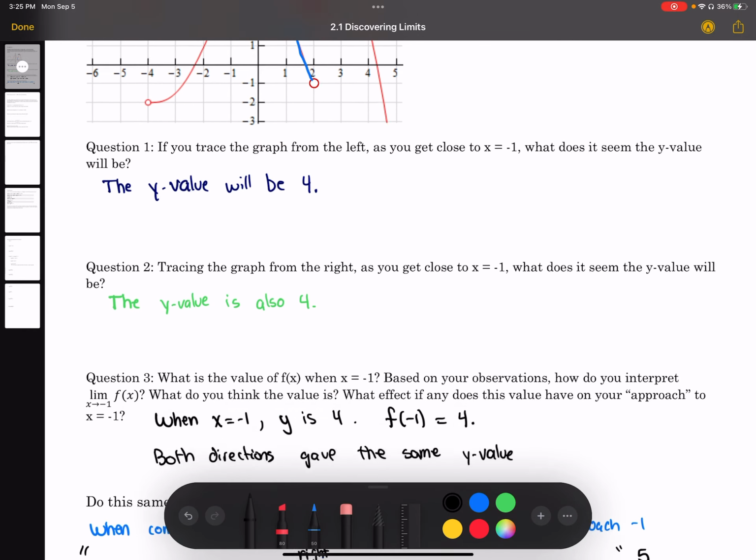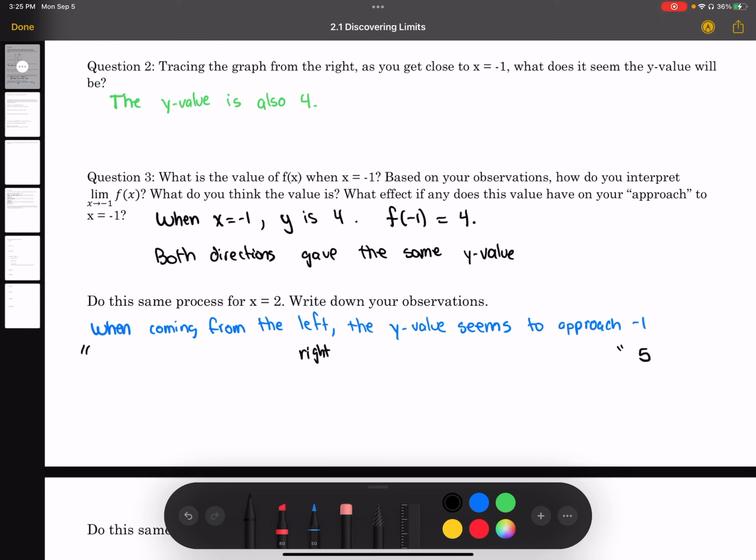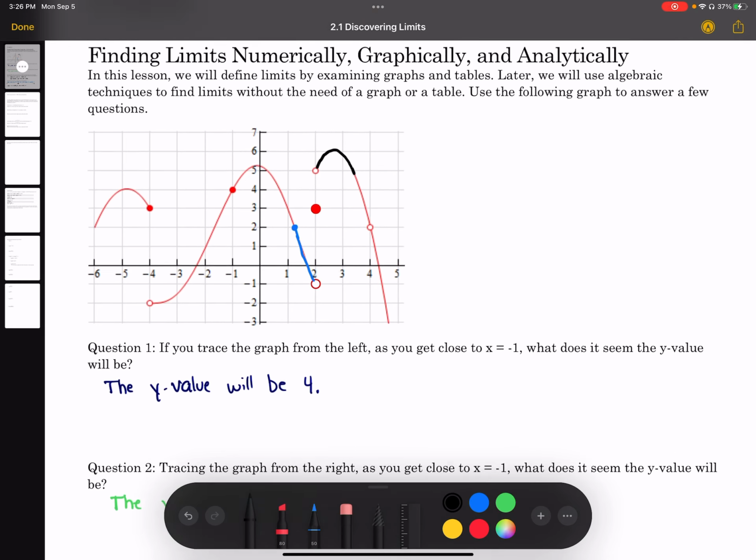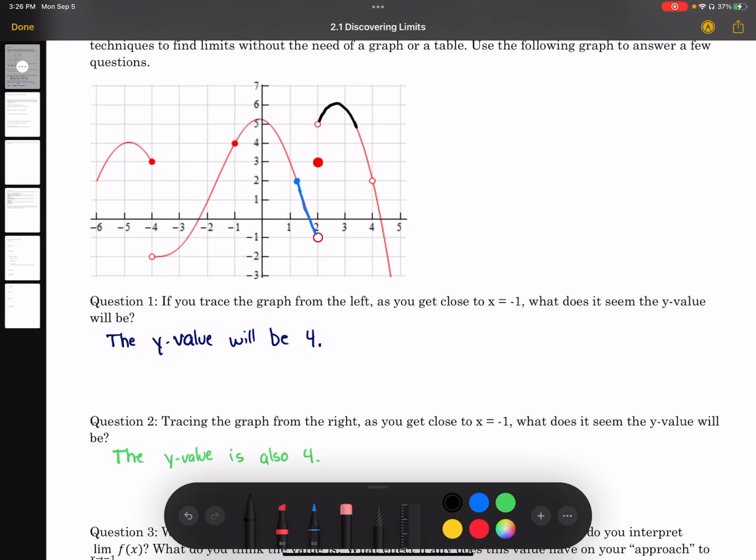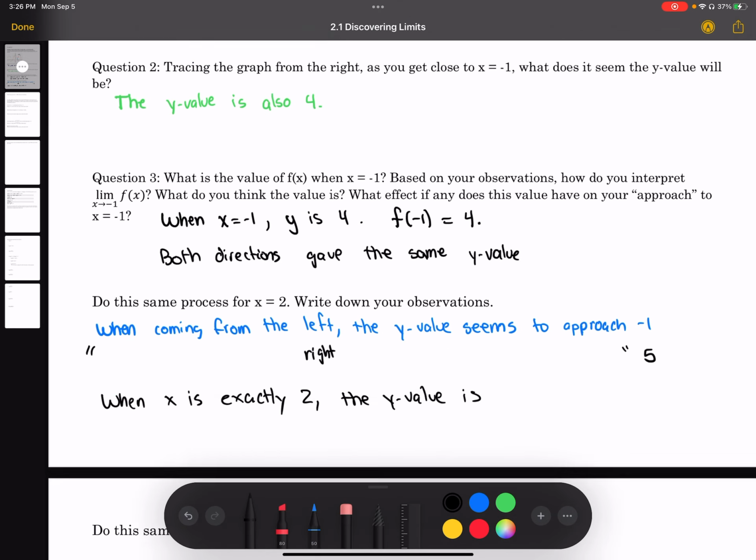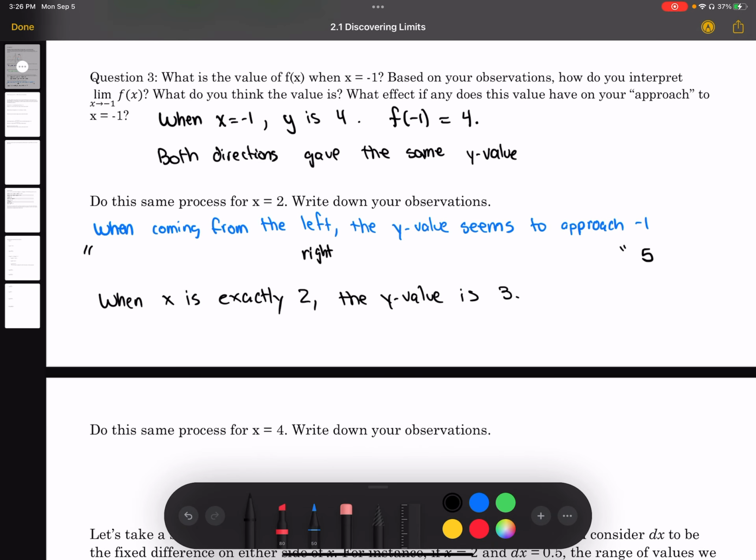Now when x is exactly 2, what is that y value? It is 3. The y value is 3.